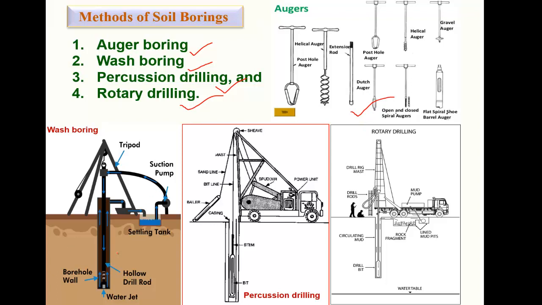And this is the example of wash boring, where you can see they are pumping water right here, and some amount of water is added with the clay, and it is flowing outside into the settling tank. Anyway, we'll discuss it later.